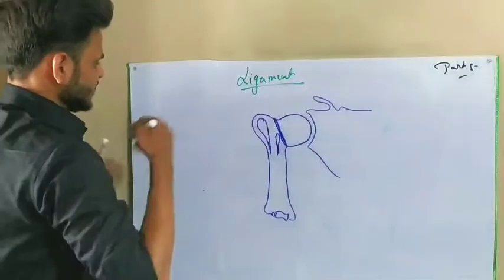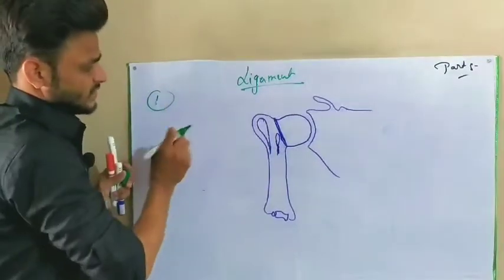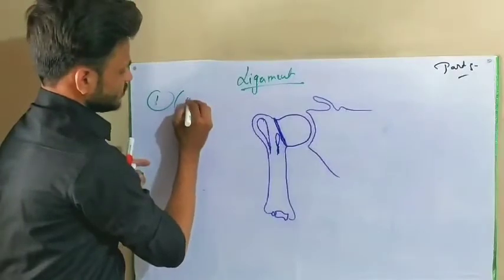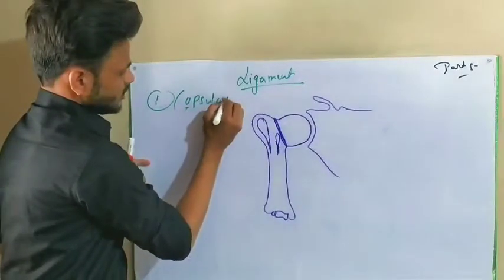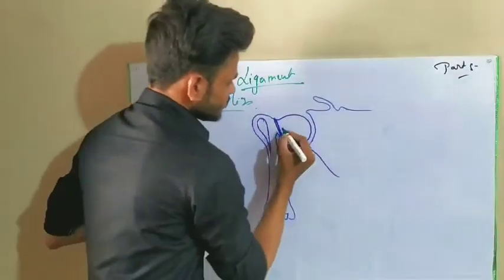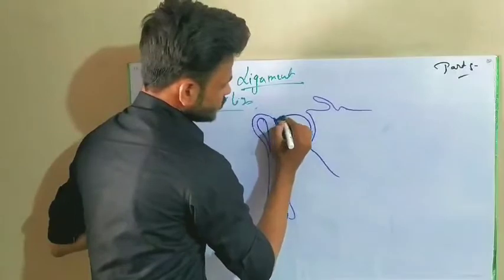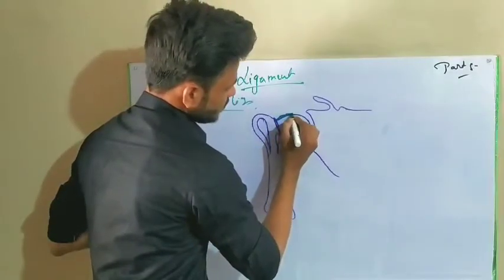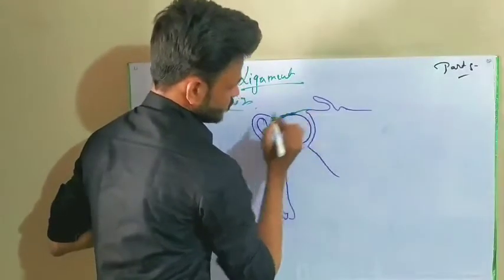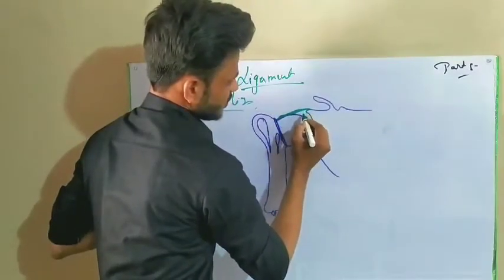Firstly, let's talk about the first ligament. This ligament is the capsular ligament, which is attached to the superior margin of the head, posterior to the supraglenoid tubercle.